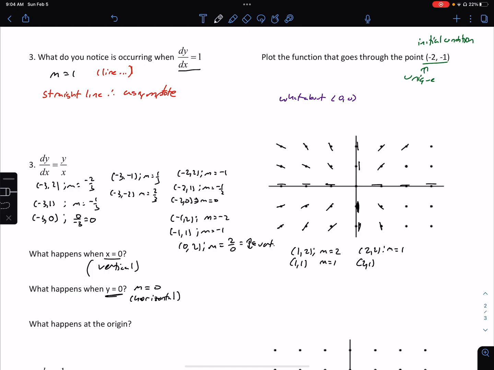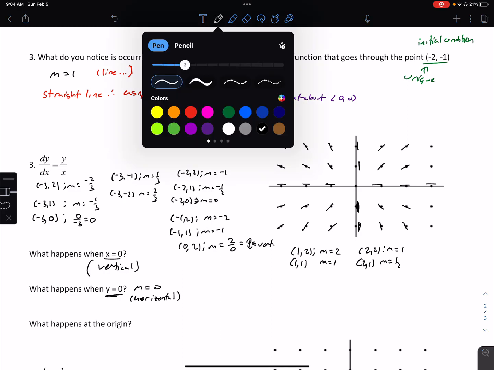And if we pick the point 2, 1, our slope is 1/2. And if we go underneath, we're just going to flip those signs. So this will be a negative 1/2, and that'll be a negative 1. And our last row here.